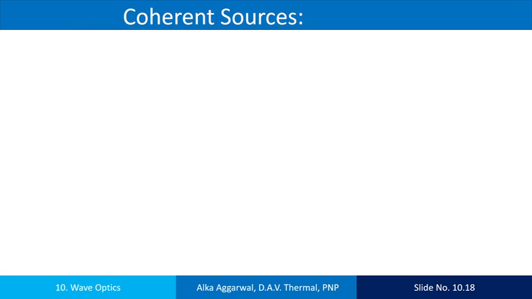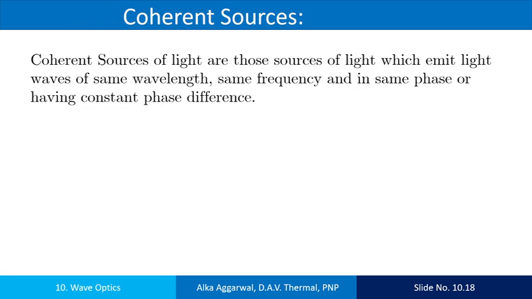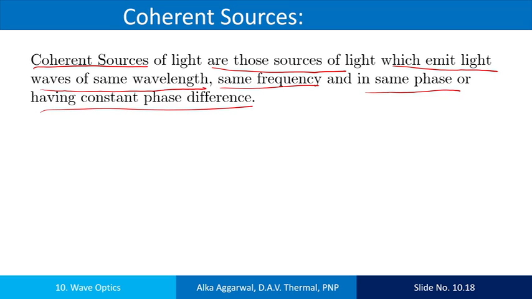Then the coherent sources. Coherent sources are those sources of light which emit light waves of the same wavelength, same frequency and in the same phase, or having a constant phase difference. Such types of sources of light are called coherent sources.